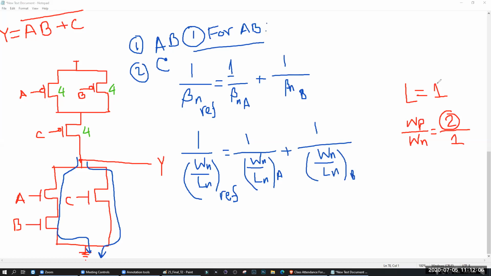Now, I told you our L should be 1, right? So I'm going to write 1, 1, 1. What is your Wn reference? 1, right? So I'm going to write 1 as well. And they will be equal because they are in the same path. So can I write 2 here and delete another one?